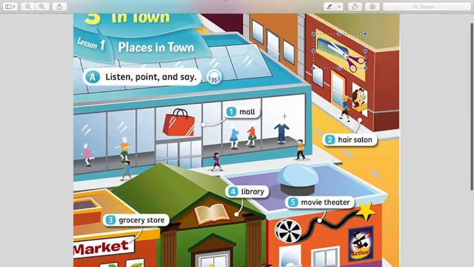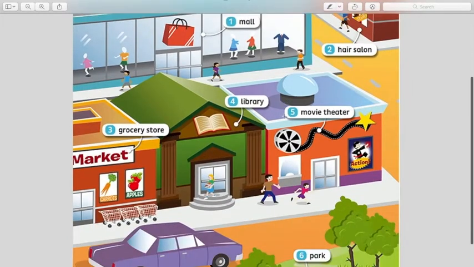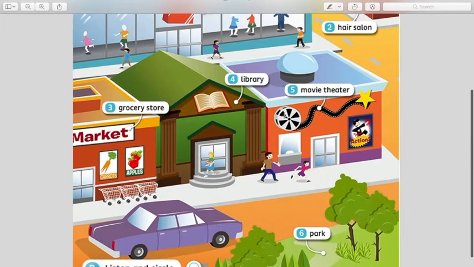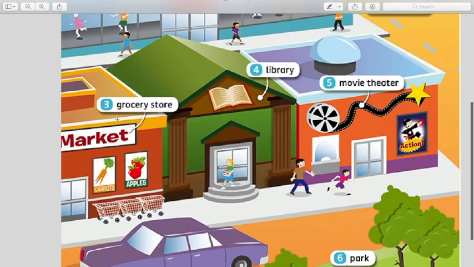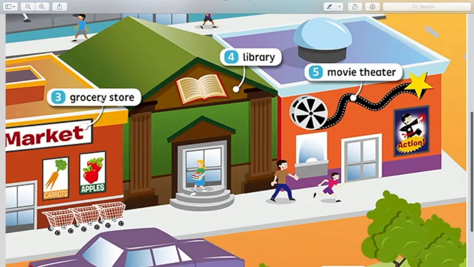Let's go to our third vocabulary. And number 3 was grocery store. You see here, grocery store. Usually these grocery stores are also called markets, like a vegetable market or a food market. That's why it says market right here.